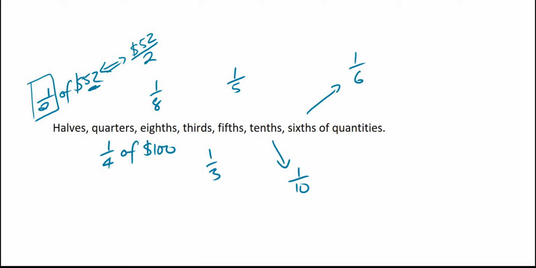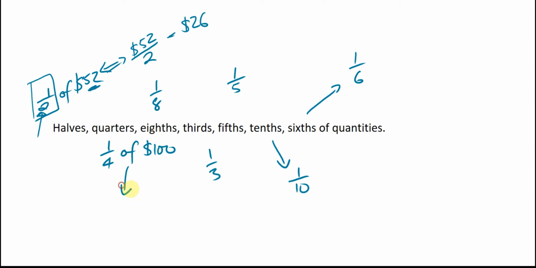Because we're finding the unit fraction of a quantity, all we need to do is divide the quantity by whatever that denominator is. So that would give us $26. So 1/2 of 52 is $26.